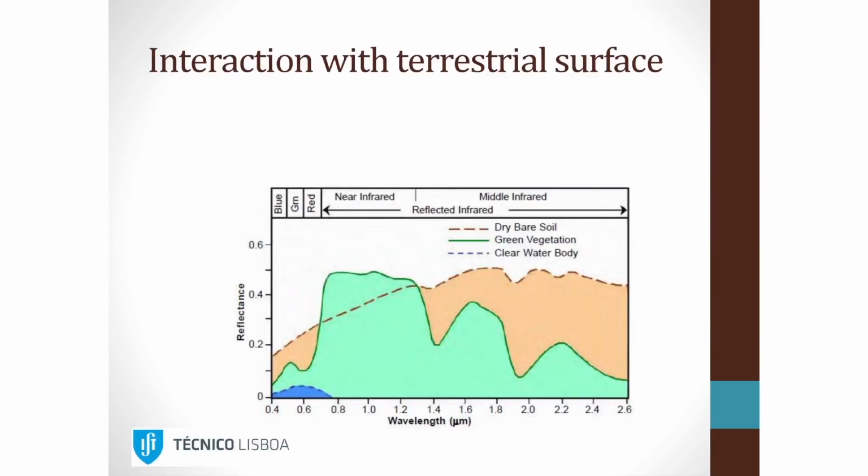So we have different slices of the electromagnetic spectrum, and because objects have different reflections in different ranges, we can identify them. That's how we do classification, and we obtain the land cover maps.